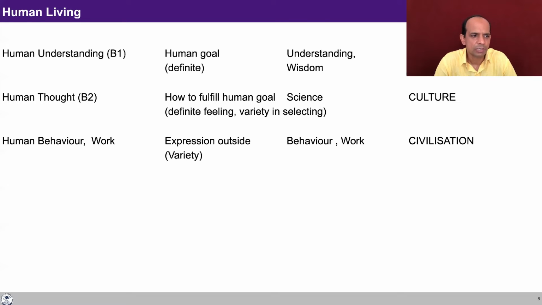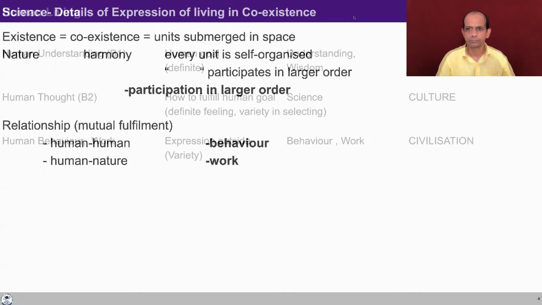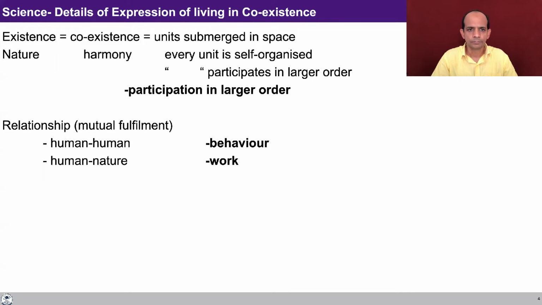So we are going to discuss the human thought, and there we are going to talk about the science. And in this lecture, we are particularly going to talk about science of behavior. So when you look at the science, where we are making the selection for expression of living in coexistence, we are able to see at the level of understanding that the whole existence is there as coexistence.